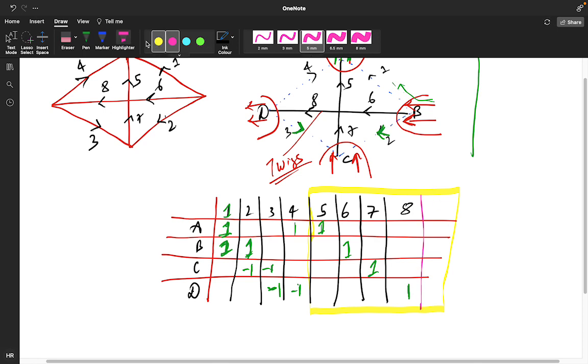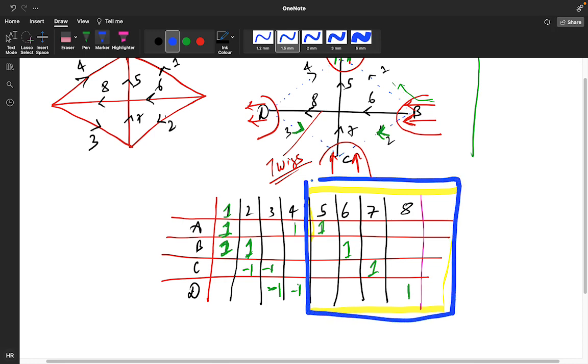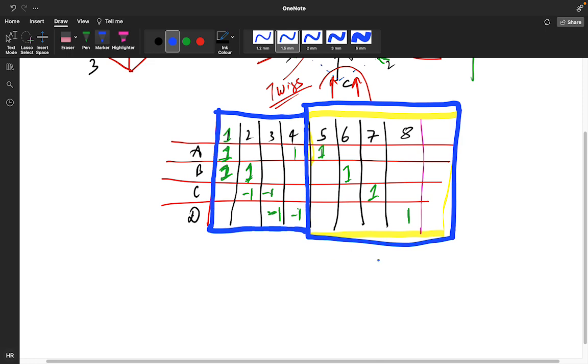So this particular part is known as the U matrix.